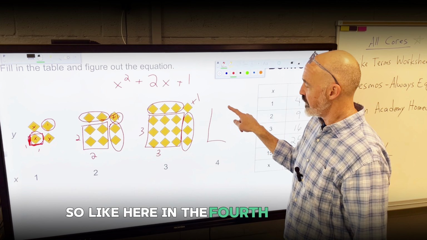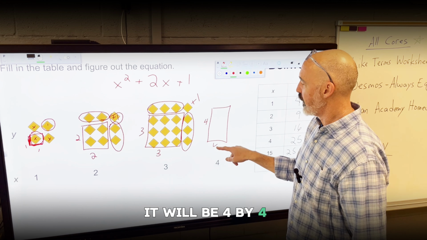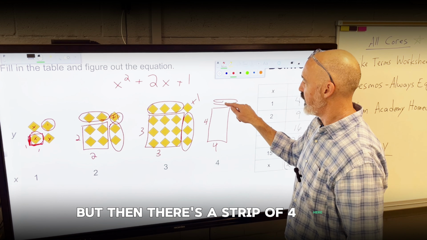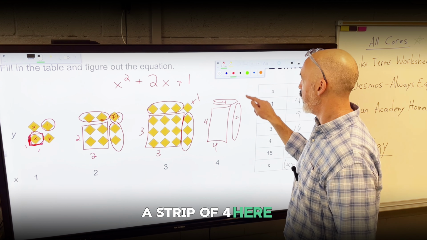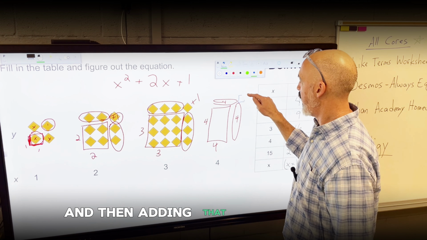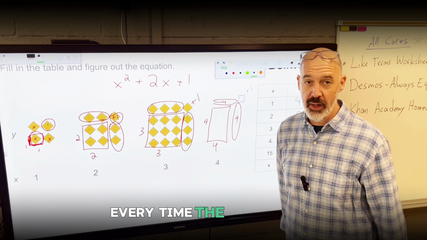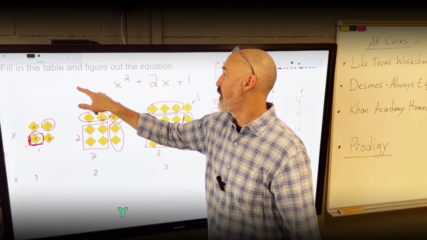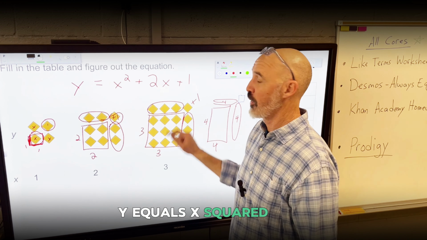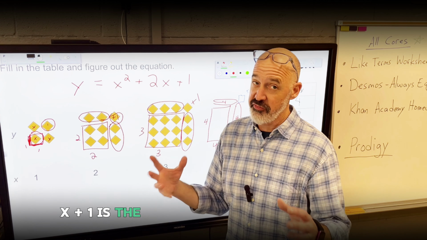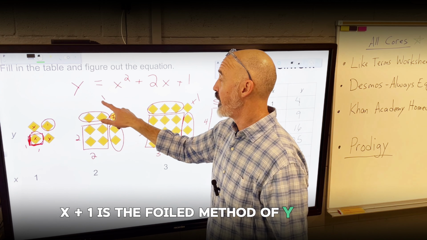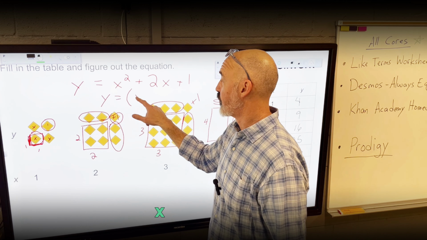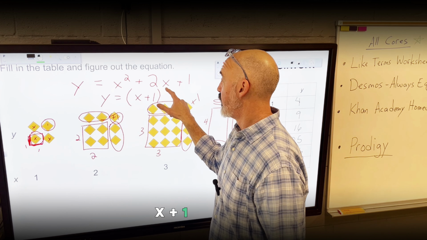So like here in the fourth iteration, it will be 4 by 4, but then there's a strip of 4 here, a strip of 4 here, and then adding that one more here every time, the constant. So this right here, y equals x squared plus 2x plus 1, is the FOIL method of y equals x plus 1 squared.